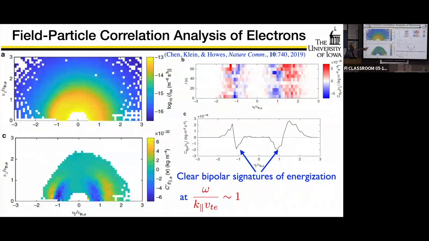But the second thing is that if the magnetic field moves around in direction, because this quantity is normalized by V parallel, that's the velocity parallel to the magnetic field. So if the magnetic field moves around a little bit, as it does in a turbulent plasma, it can smear out those signatures and give you a little bit of broadening.